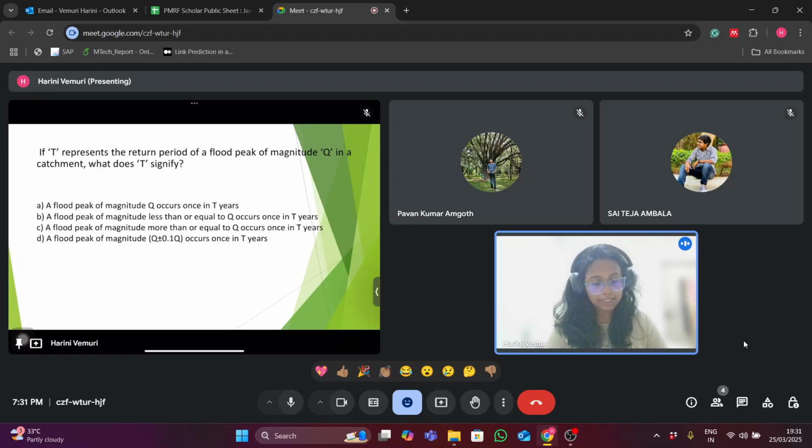Option D, a flood peak of magnitude Q plus or minus 0.1 Q occurs once in T years. So if you remember, a flood peak of magnitude more than or equal to Q occurring once in T years is the return period of the flood peak of magnitude Q from the definition.